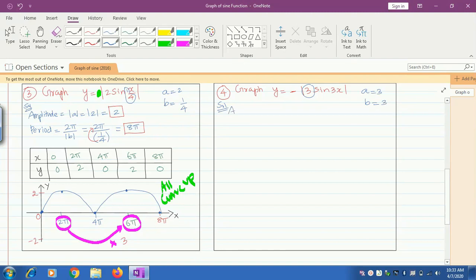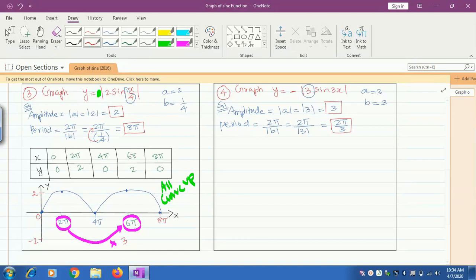So amplitude is absolute a, which is 3, and the period is 2 pi over absolute b, which is 2 pi over 3. You will get a fraction, right? So the period and amplitude are ready.